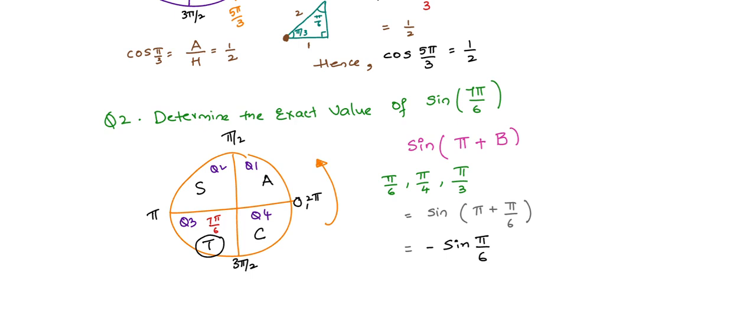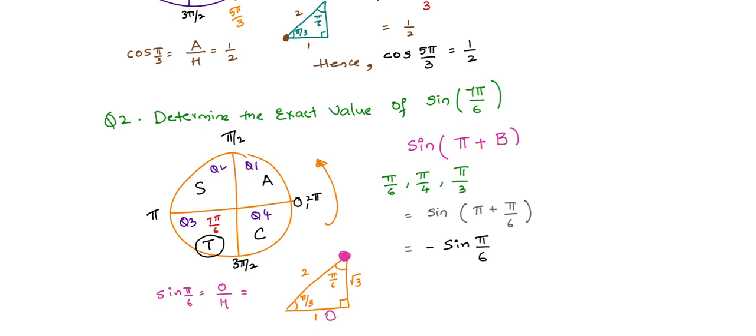Now again, draw the exact triangle, which is pi on 3, pi on 6 and 90 degrees. So this is root 3, 2 and 1. Now because we want to find the value of sine pi on 6, you're standing here. And as I explained before, sine is opposite over hypotenuse.